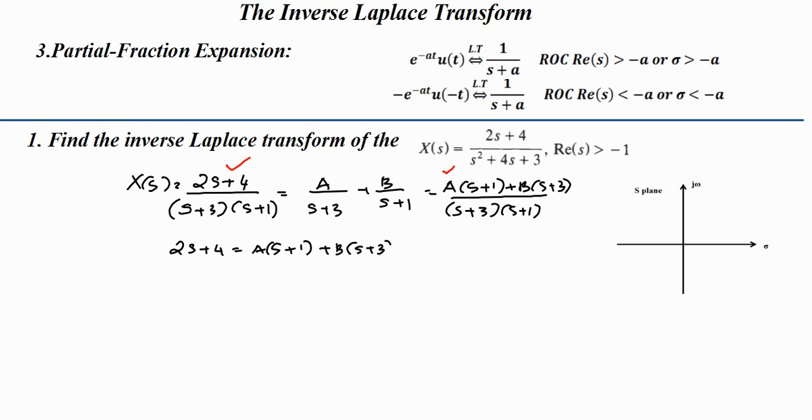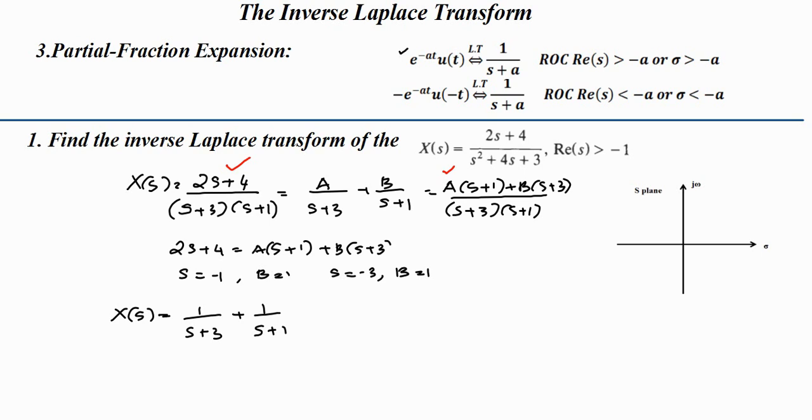If you substitute s equal to minus 1, you will get B equal to 1. Similarly, if you substitute s equal to minus 3, you will get A equal to 1. So both A and B are equal to 1, and X of s becomes 1 by s plus 3 plus 1 by s plus 1.